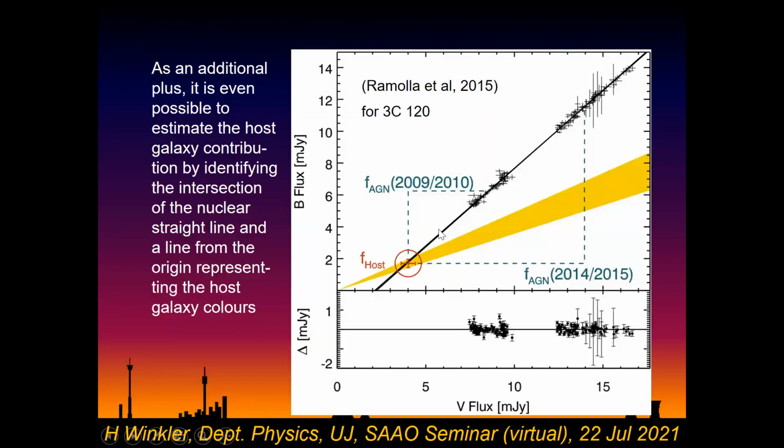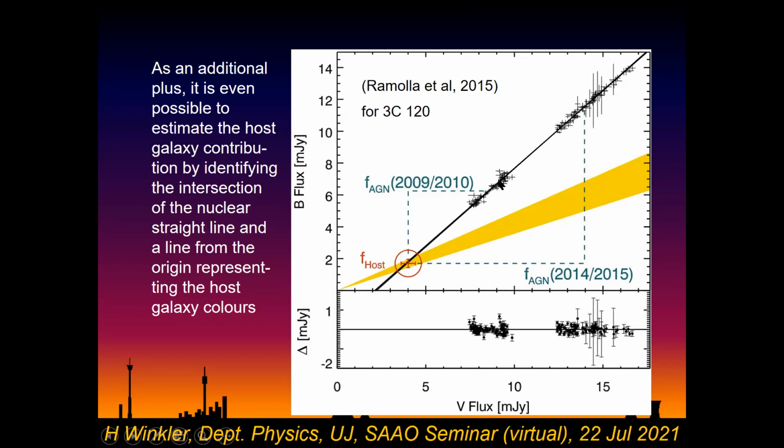What's more, you can also, using the same technique, which has been applied by a couple of other people, get a very nice result, a very straight line. And you can see the straight line doesn't go through the origin because the colors of the background galaxy are slightly different. But if you know what the colors of the background galaxy are, which is estimated here by this particular line, then through the intersection here you can basically say that the host galaxy inside the aperture goes to here, and then from here to here, everything that happens is what happens in the nucleus itself.